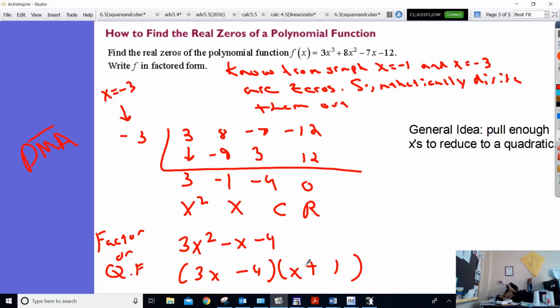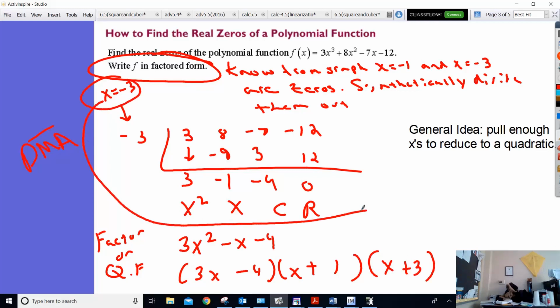Now, the instructions did say write this thing in factored form. What factor created that 0, x equals -3? There we go. That was created by x plus 3. There, right there. And that is all the instruction I'm going to give you on this section, because that honestly is all the instruction you need.